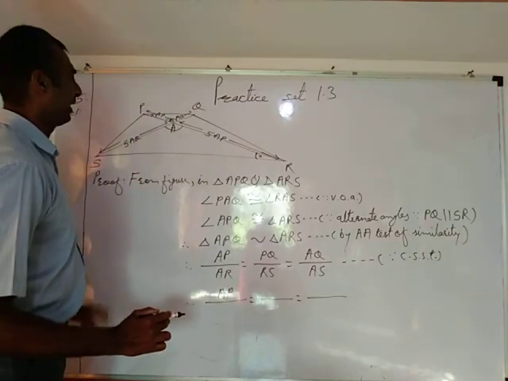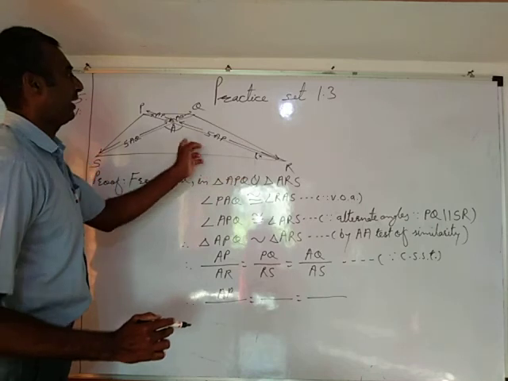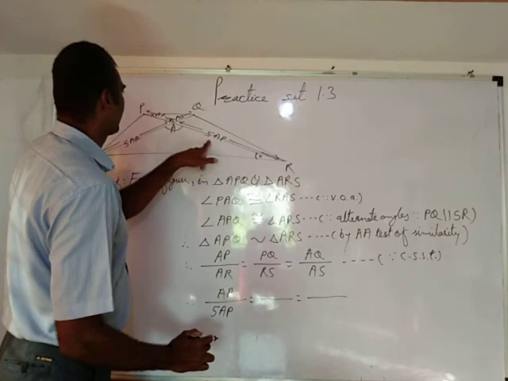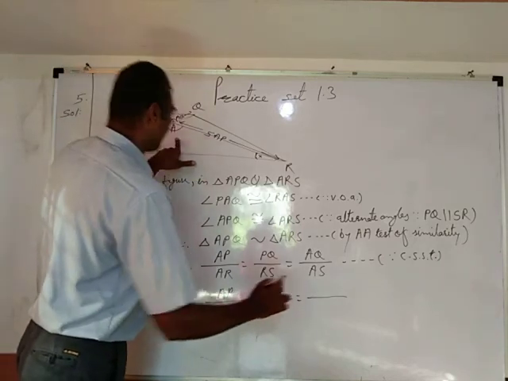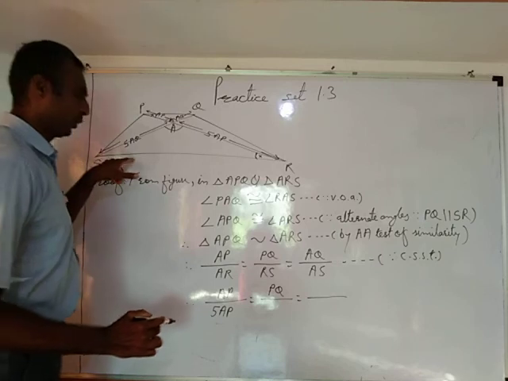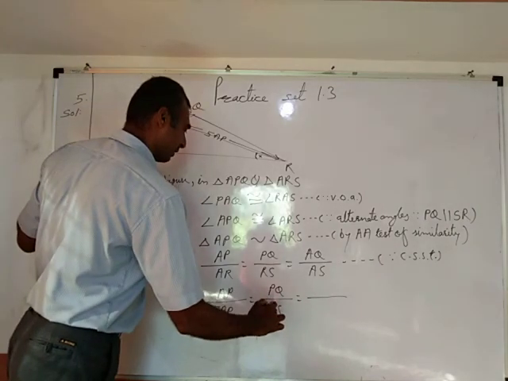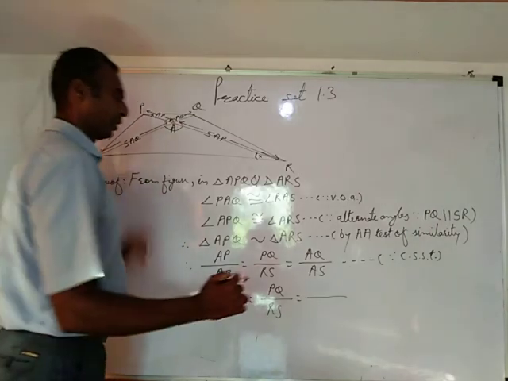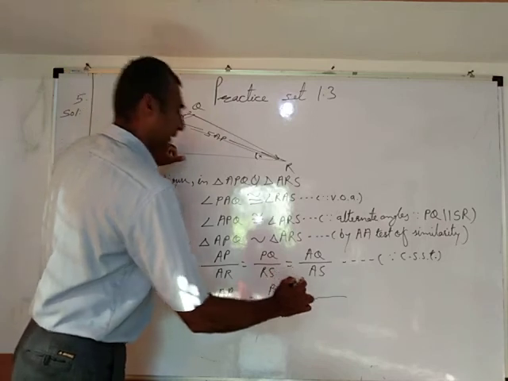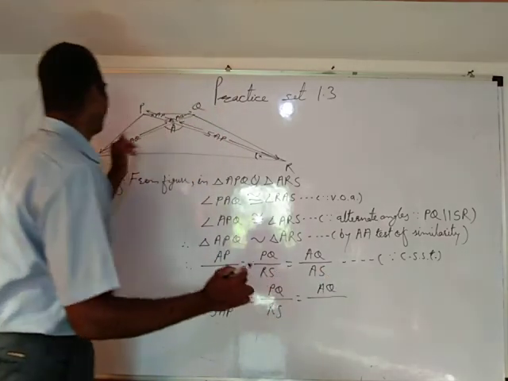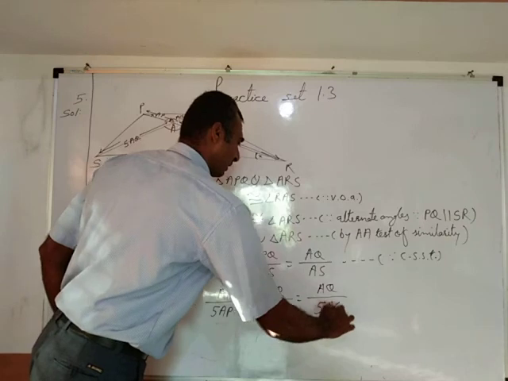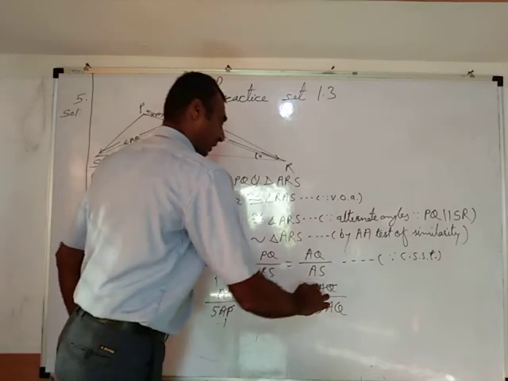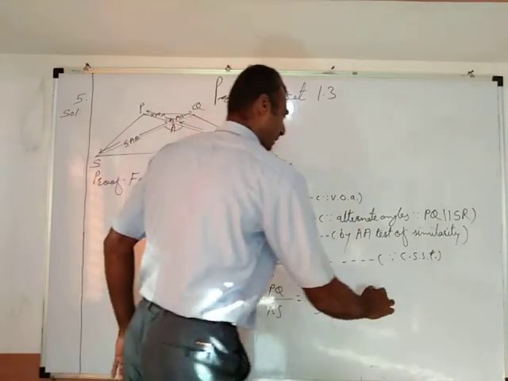And then AR is 5 times AP, since it is given. Similarly, let's write PQ. We don't know about PQ. We don't know about RS. We are interested to prove RS equals 5 times PQ. AQ is AQ and AS is 5 times AQ. Then AP cancels AP, AQ cancels AQ.